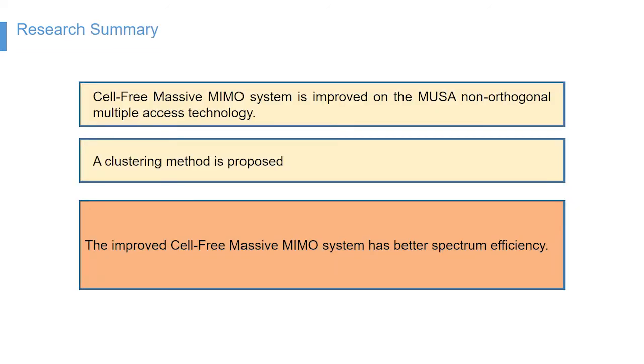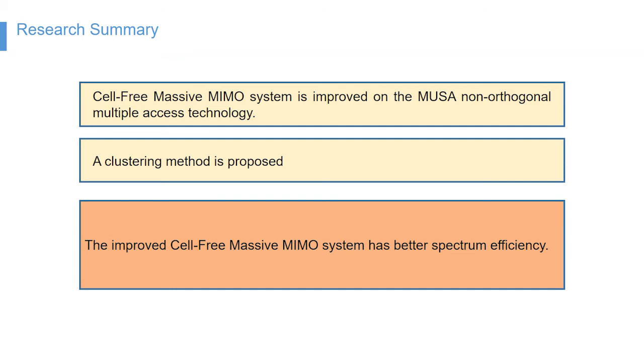In this paper, the Cell-Free Massive MIMO system is improved on the basis of MUSA, and a clustering method is proposed. Users in the same area are divided into clusters according to random matching. Each cluster contains 2 users. Users in each cluster share the same pilot, and different clusters use different pilots, thereby improving the utilization rate of the pilot.